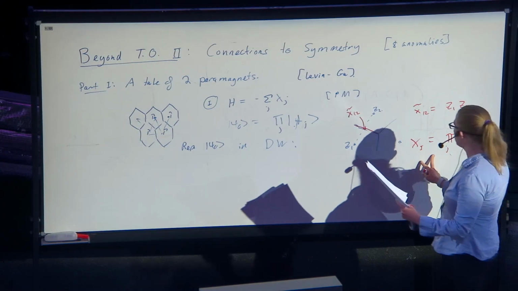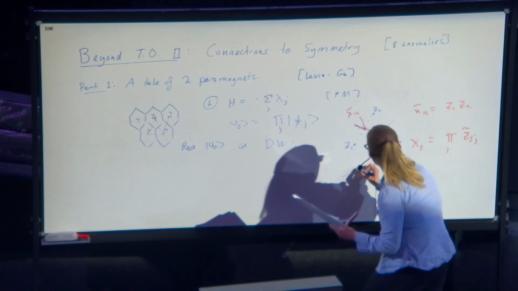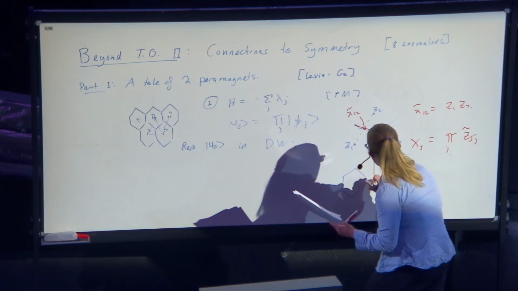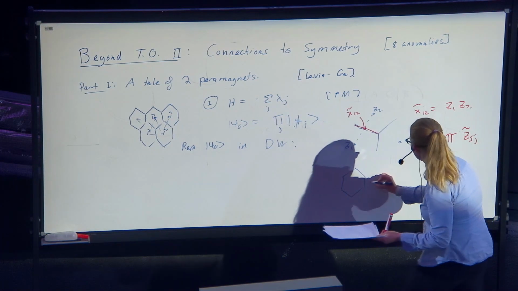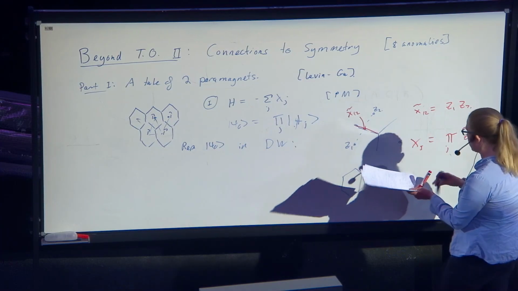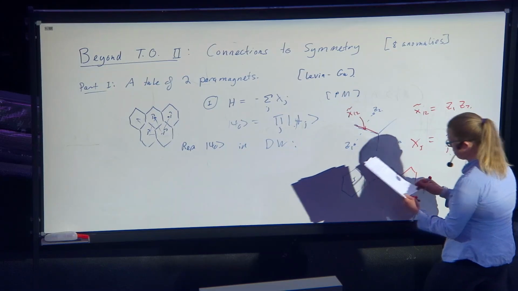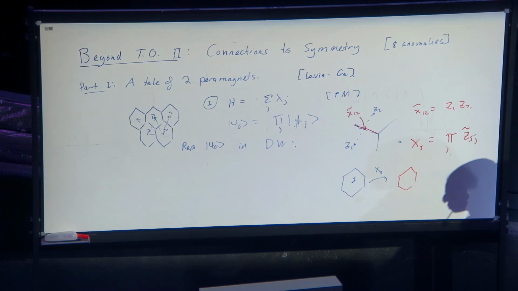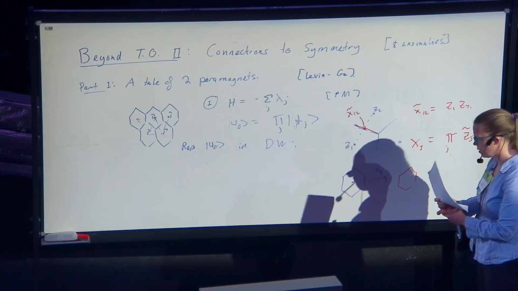What does this do? If I start with no domain walls around my plaquette and I apply x on site 1, then I get a domain wall all around the plaquette. Perfect, okay. So this is just another way of writing down my paramagnetic ground state.